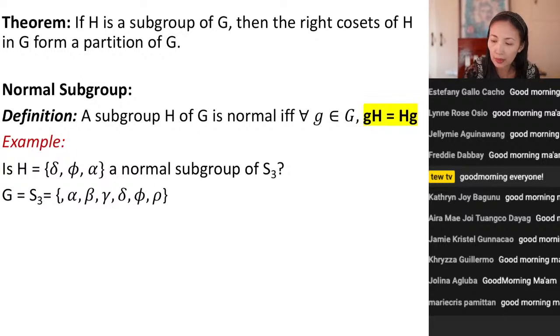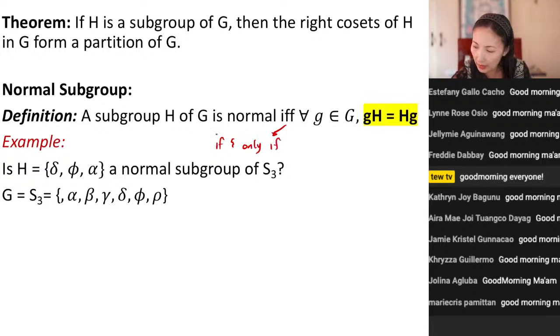Next, what about a normal subgroup? A normal subgroup, by definition, is a subgroup H of G such that gH is equal to Hg. Again, a subgroup H of G is normal, how do we read this? If and only if.